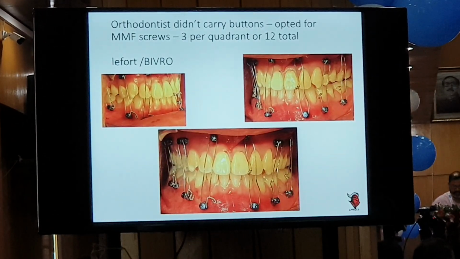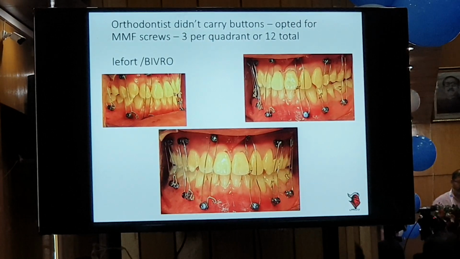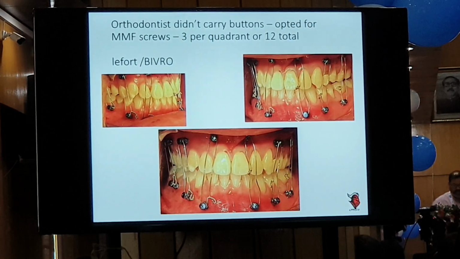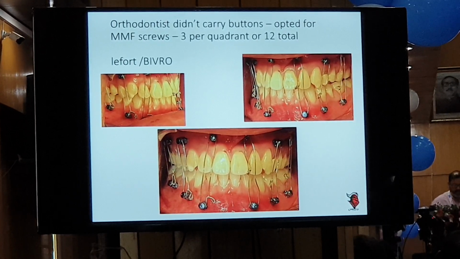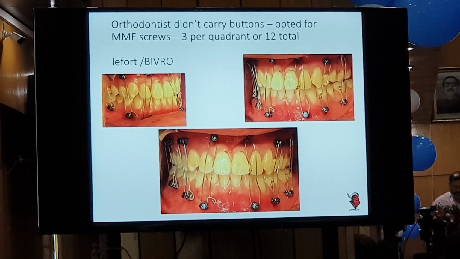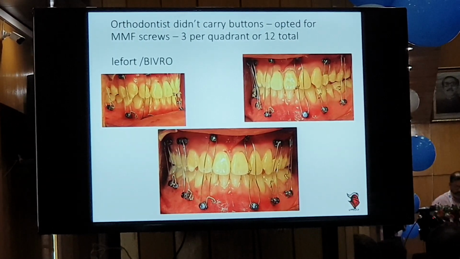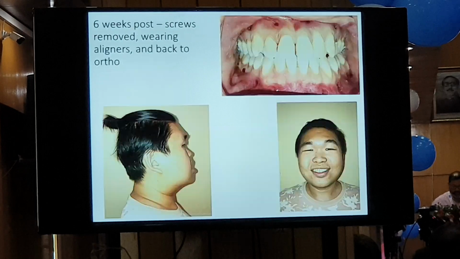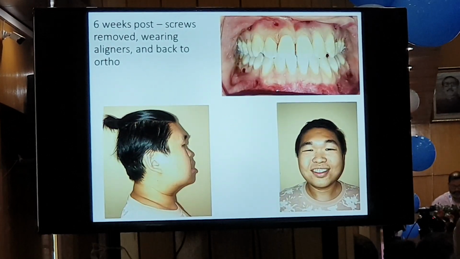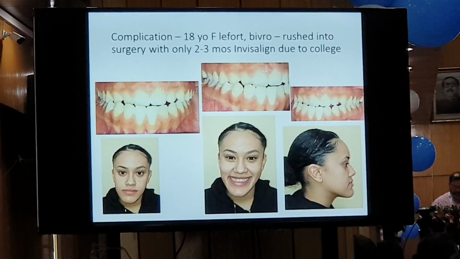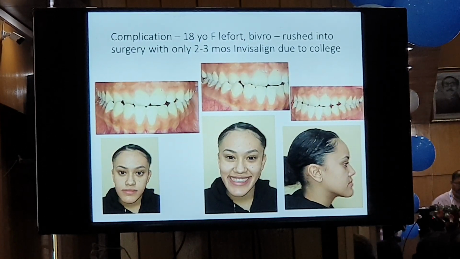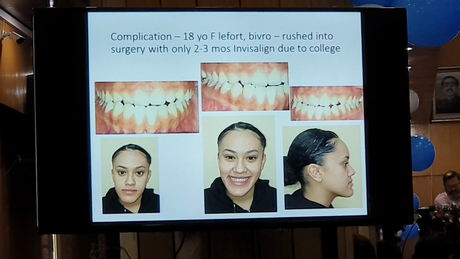In him, the orthodontist didn't have those buttons to apply to the dentition, so I used multiple MMF screws throughout both arches and locked them in to really get the occlusion required for almost 4 weeks, and then released them. Back to the orthodontist wearing aligners. He's still in progress.